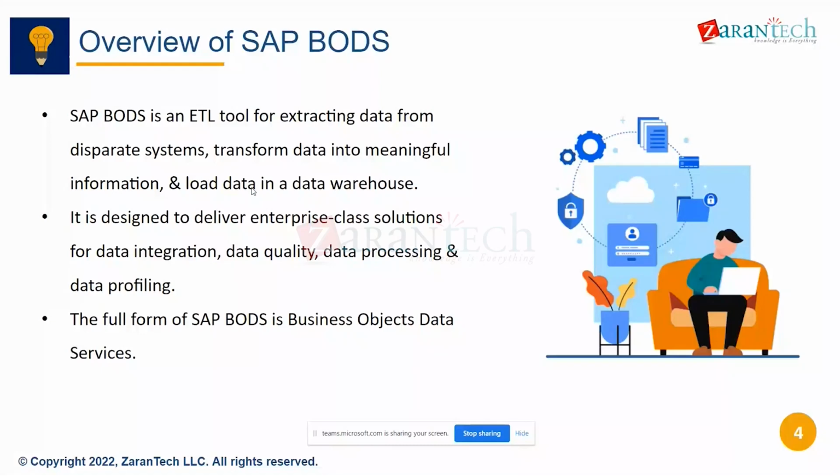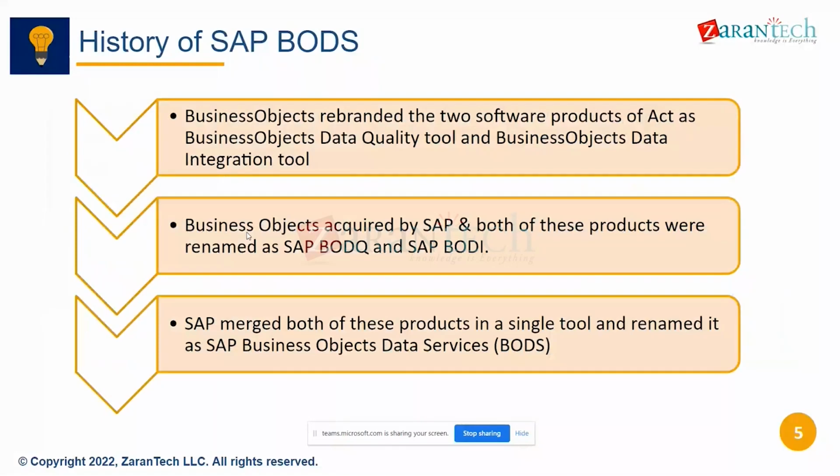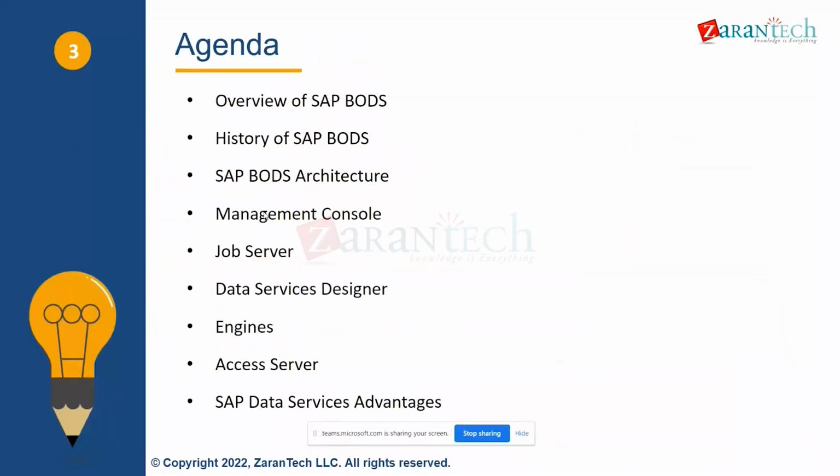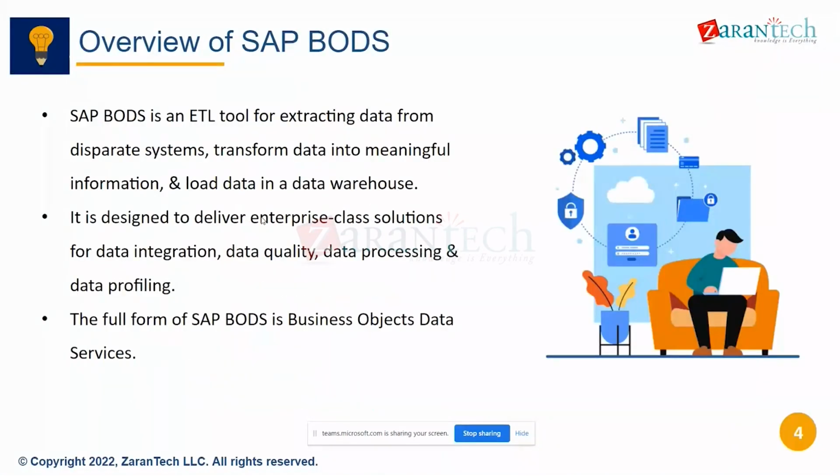So now coming to, as I mentioned, by using BODS we can do data integration, data quality, data processing and data profiling. Data integration is nothing but the movement from staging to the final target, so that process we call data integration.